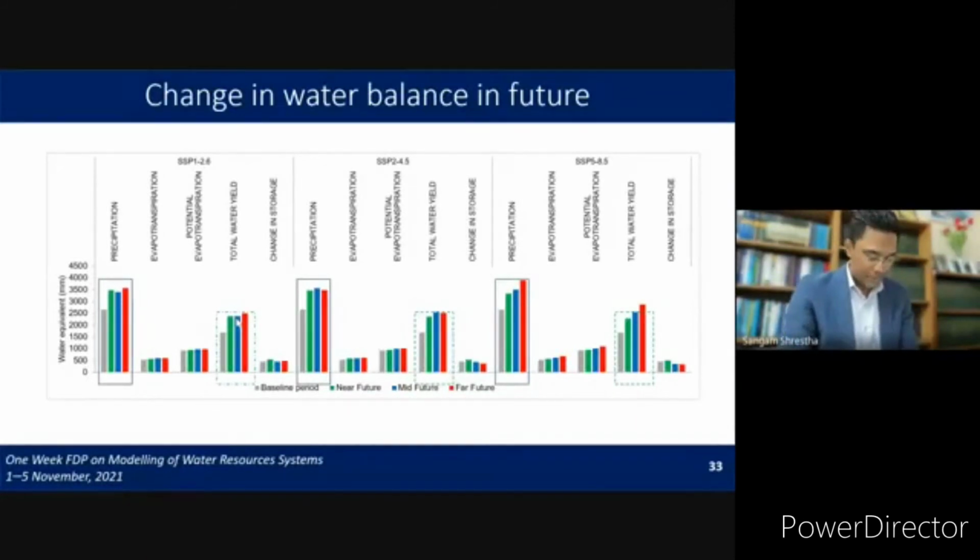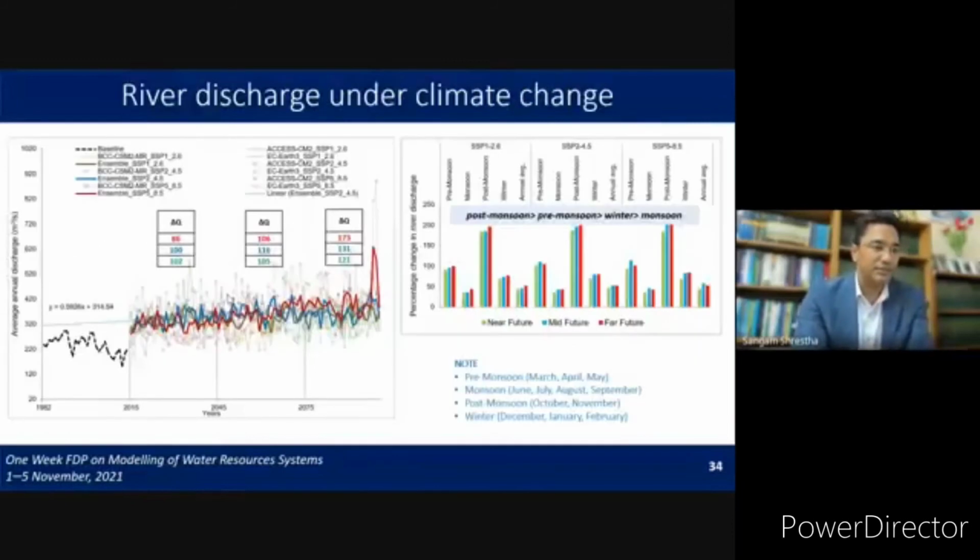So in terms of the surface flow plus groundwater flow, minus the transmission loss. In this particular case study, we have estimated the water yield sub-basin wise. I will show you the spatial pattern of the change in the water yield in the subsequent slides.